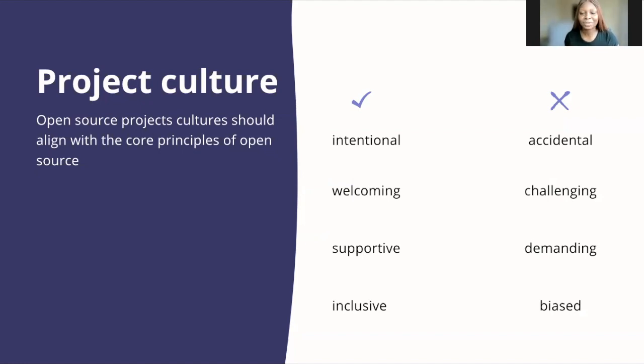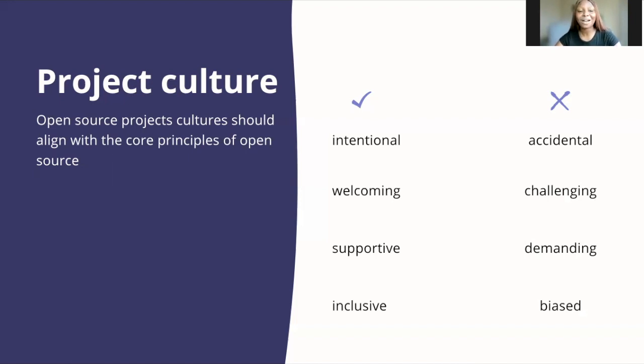At the end of the day, it becomes challenging for most individuals, whether we want our open source community to be more supportive and community focused, or more demanding, and people get burnt out, or whether we want our project to be inclusive, or we do not care so much about inclusion, and then at the end of the day bias takes place in every part of our communities, right?